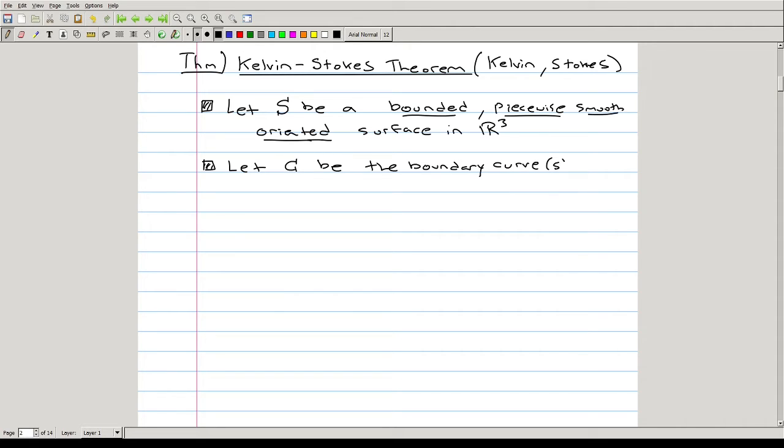It could also consist of multiple curves, depending on how complicated the surface S is.